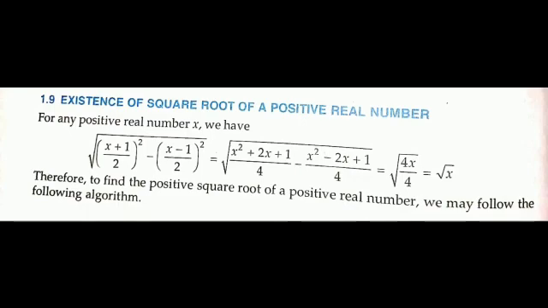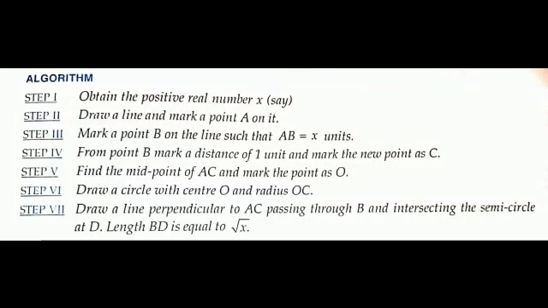So what is an algorithm? An algorithm is a well-defined set of steps to perform an activity. So in order to find root x, we will also follow certain specified steps, which are given as follows.